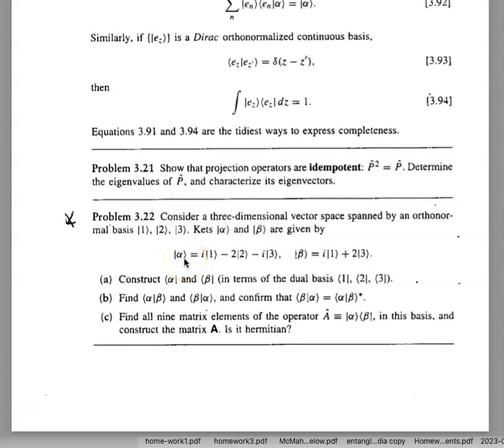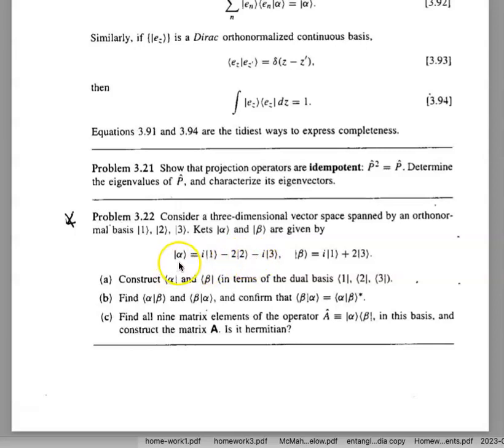The bra corresponding to a cat is to turn the arrow from right to left and change all the complex numbers. You take the complex conjugate of them, but the rest of the regular real numbers are written as they are.